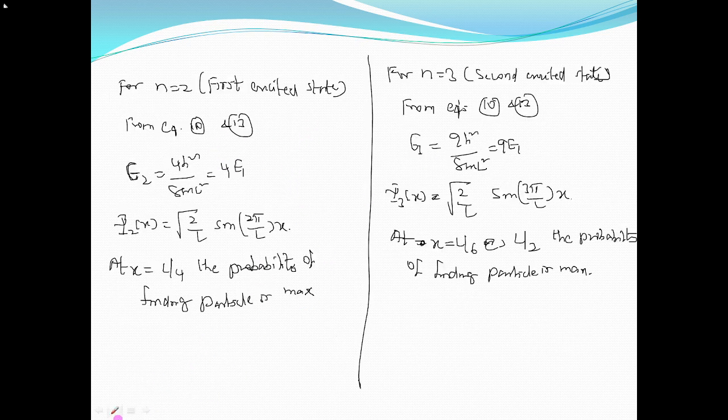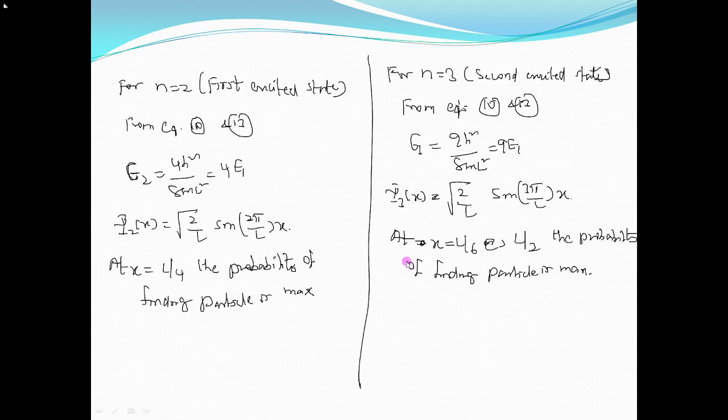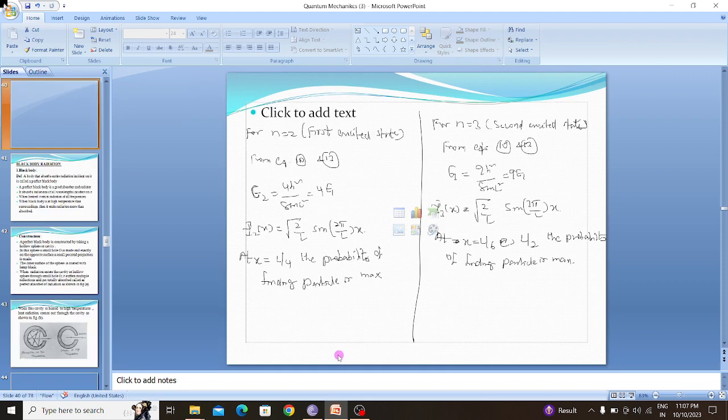So these are the energies of the different energy levels. Next, these are the probabilities of finding electrons in different states. So this is about the particle in a potential box.